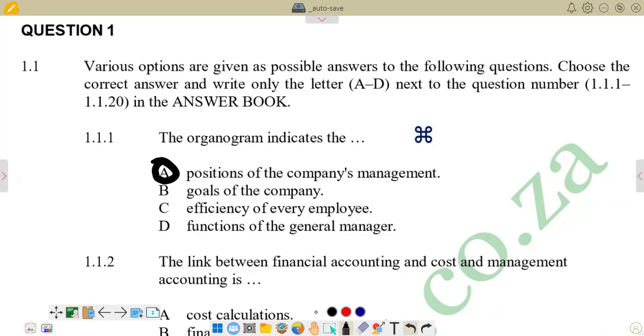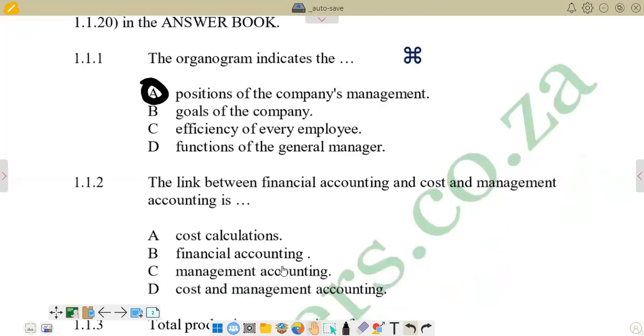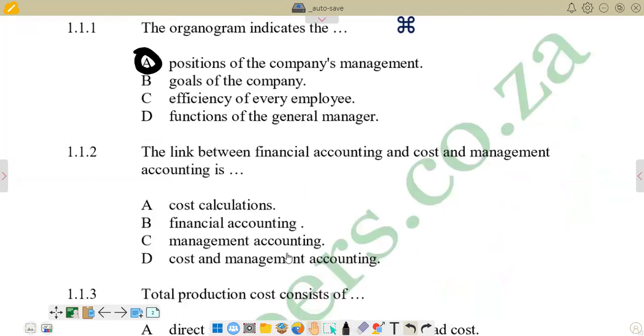Then we go to the next one, which is 1.1.2, and it reads: the link between financial accounting and cost and management accounting is. Remember, financial accounting and cost and management accounting are the two branches that we have in accounting, and they are differentiated by the type of items or transactions that are recorded in those two branches.